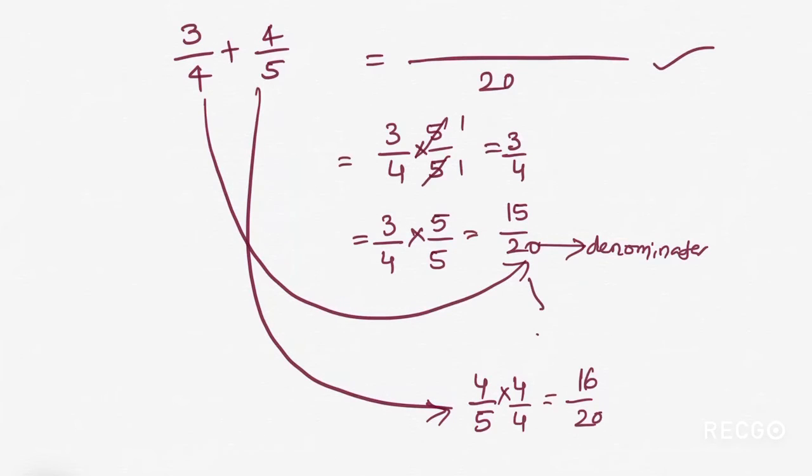Therefore, adding this is equal to 31 by 20. In this way we add. The subtraction is also the same. Minus 1 by 20, because here 16 is the higher number, we have to introduce this subtraction symbol. In this way we will get it.